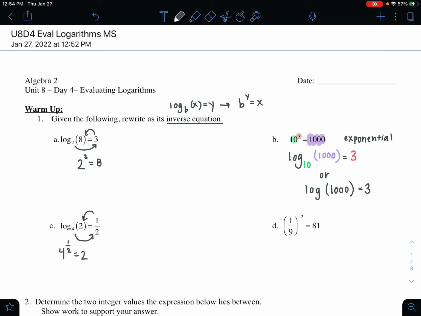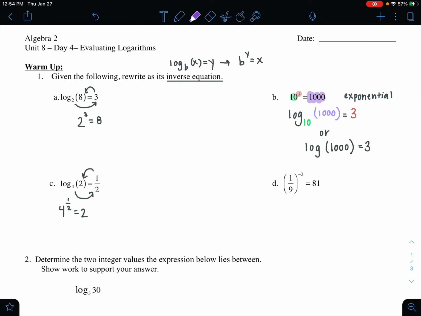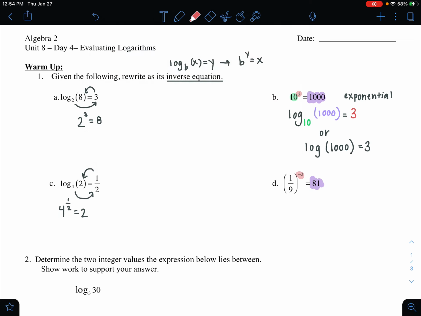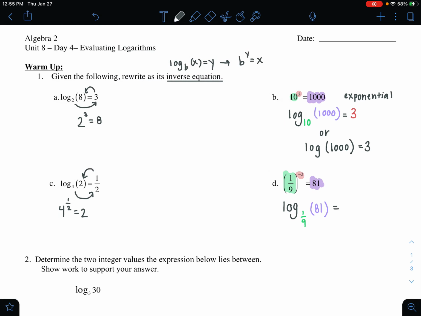That's a true statement because to the 1/2 power means square root. All right, let's try D. Log base 1/9 of 81 is equal to -2.